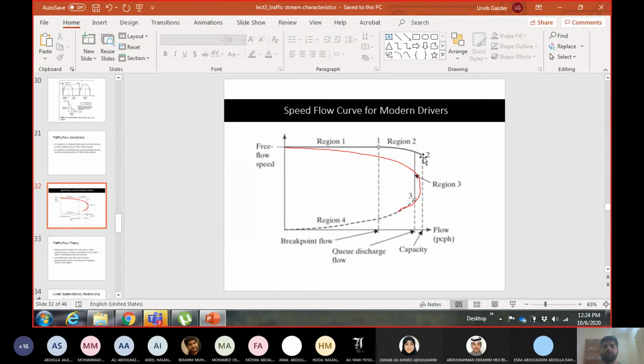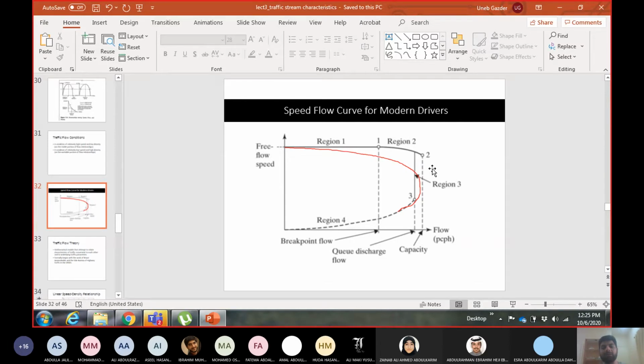Okay, then from point 2 to point 3, the flow is still maintained although the speed is reducing. So you can see the difference between point 2 and 3 in terms of flow is very low, right? How much is the difference between point 2 and 3? It's very small. But you see the difference in speed between point 2 and 3 on the y-axis, very high. So drivers between point 2 and 3, they have reached capacity.